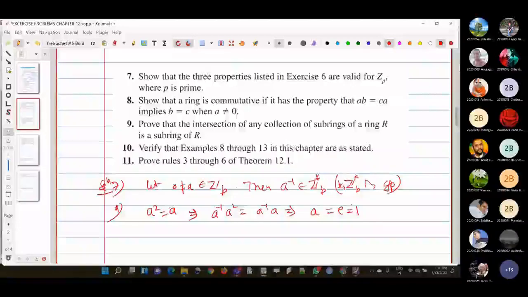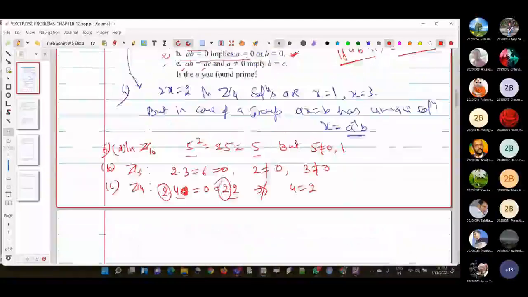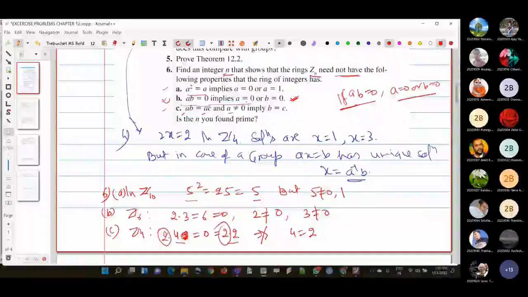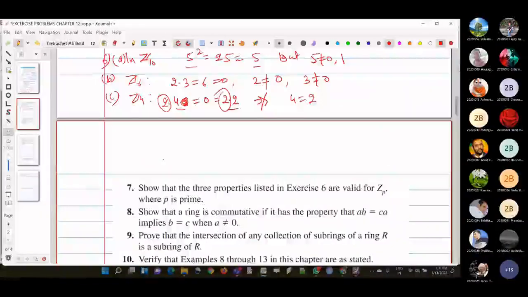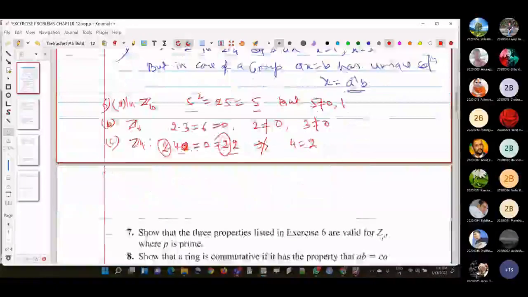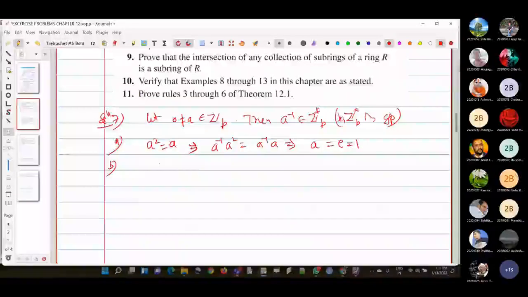So in Zp this holds. What we were supposed to prove is that either it is 0 or it is 1. Because we have taken a as non-zero, we are getting a is 1. Next, if a product of two elements is 0, then one of them is going to be 0.